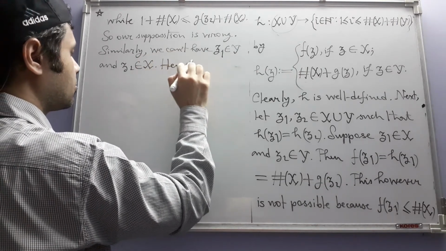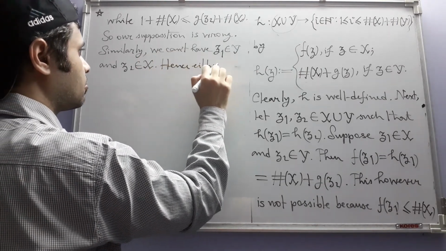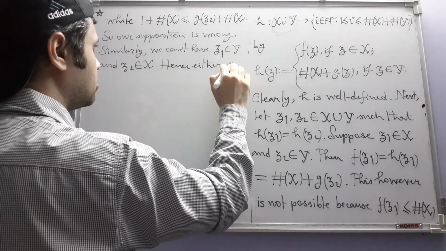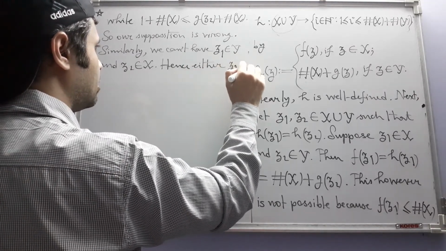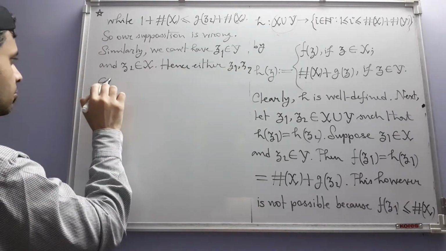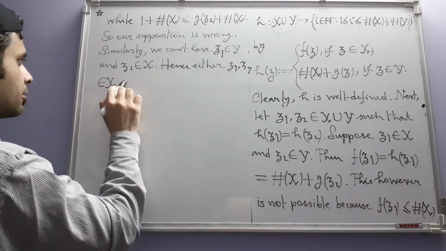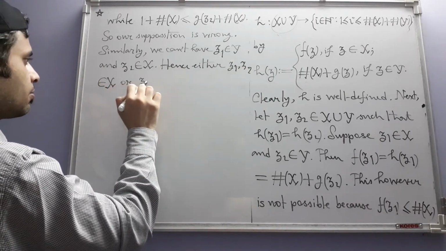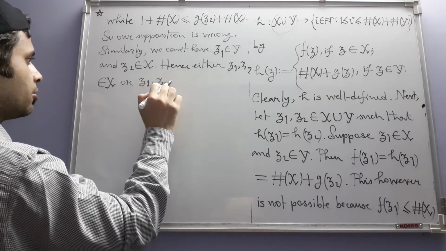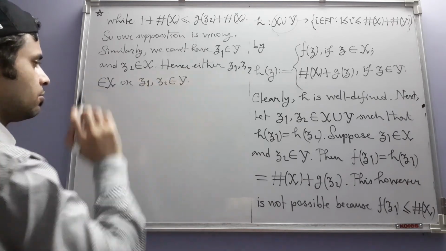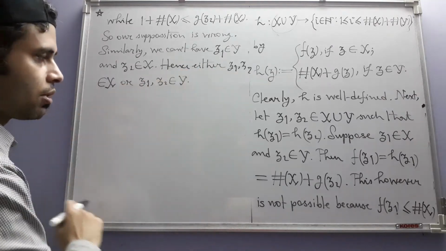Hence, either both Z1 and Z2 belong to X or they both belong to Y. So we assume this one first.